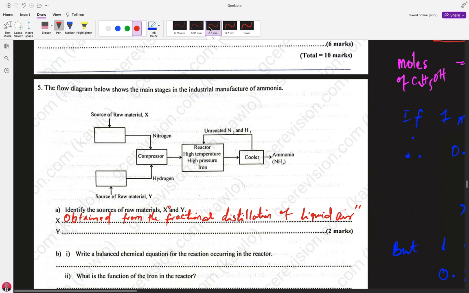Okay, you can put it there like that. Obtained from natural gas.